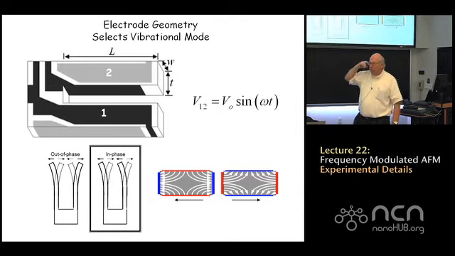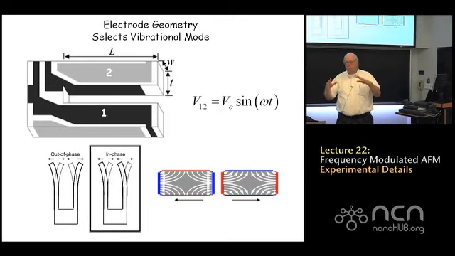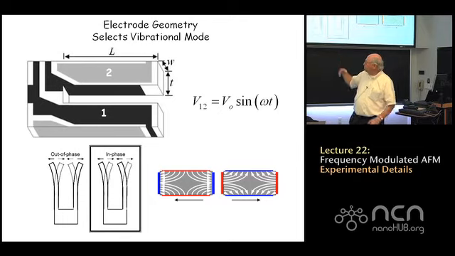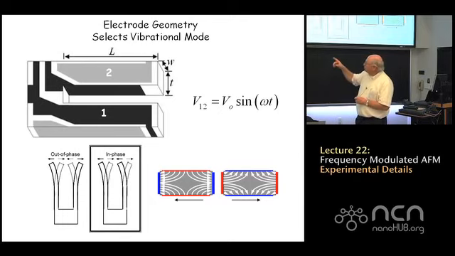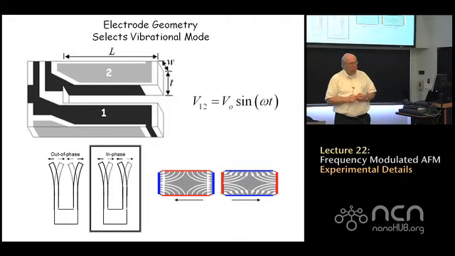Now, if you just pick any arbitrary voltage or frequency and apply a voltage between the tuning forks, the amplitude of this motion is going to be very small. What you need to do is find the resonant frequency of the tuning fork. The resonant frequency is controlled by the dimensions, L, W, and T. The dimensions of the tines allow you to adjust where this resonant frequency occurs.